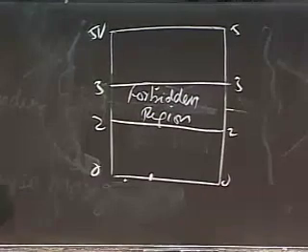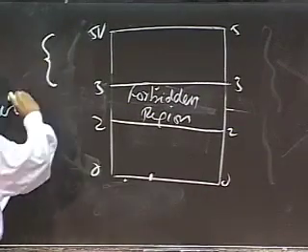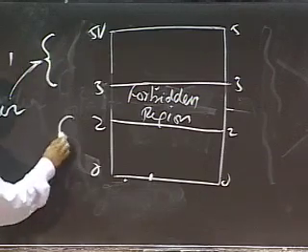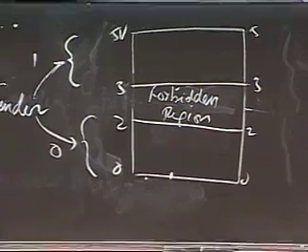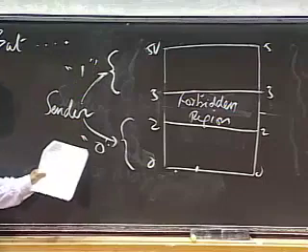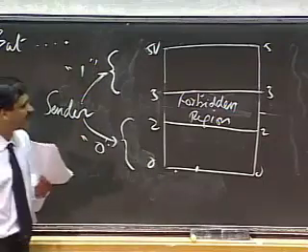With my forbidden region, if I have a sender, then I tell the sender, you can send any value between 3 and 5 for a 1, and you can send any value between 0 and 2 for a 0. To send the symbol 0, I can send any voltage between 0 and 2, and similarly for 1.